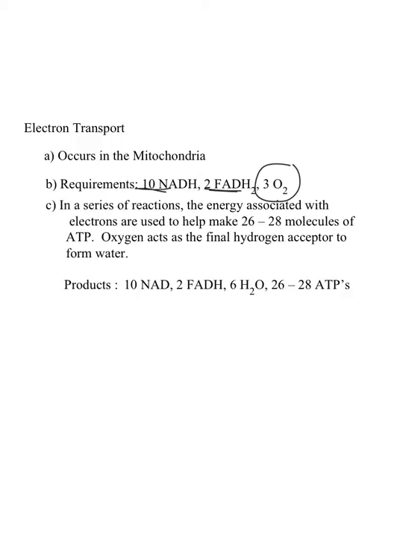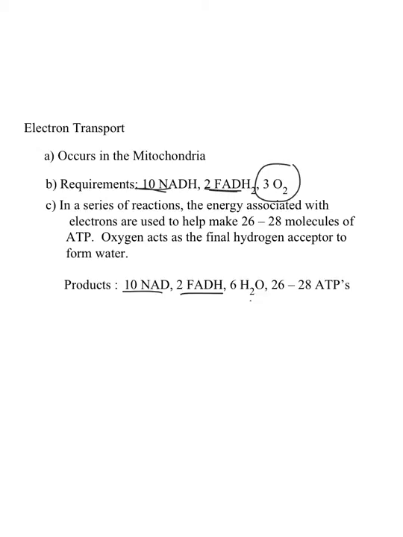We're left with NADs, which can be recycled in glycolysis, pyruvate conversion, and Krebs. FADs, which can be used and recycled back in the Krebs cycle.